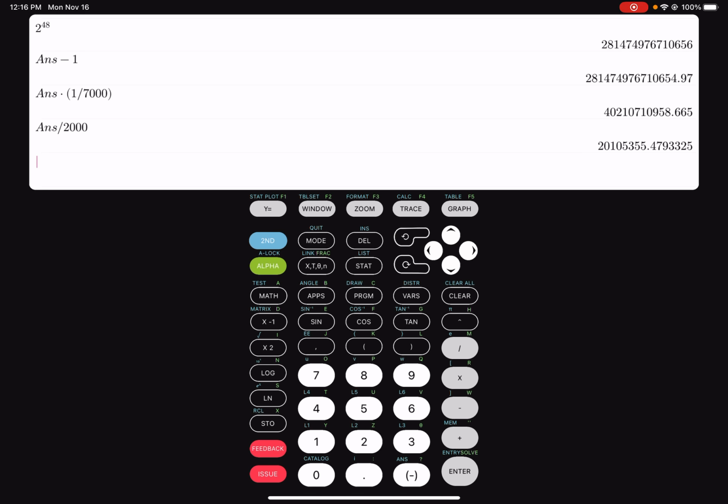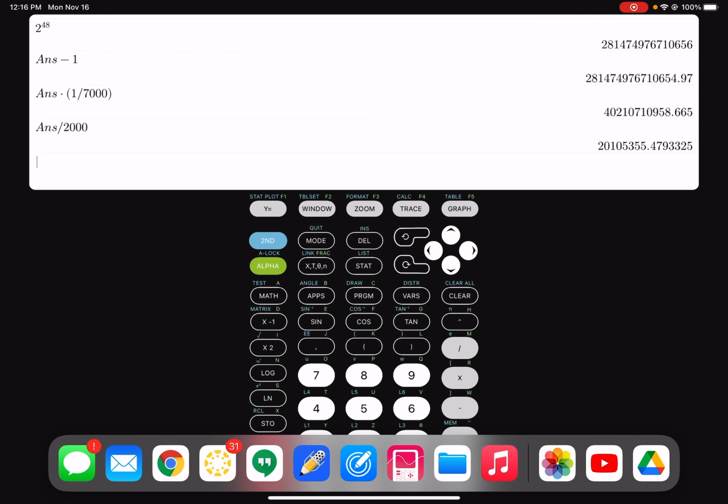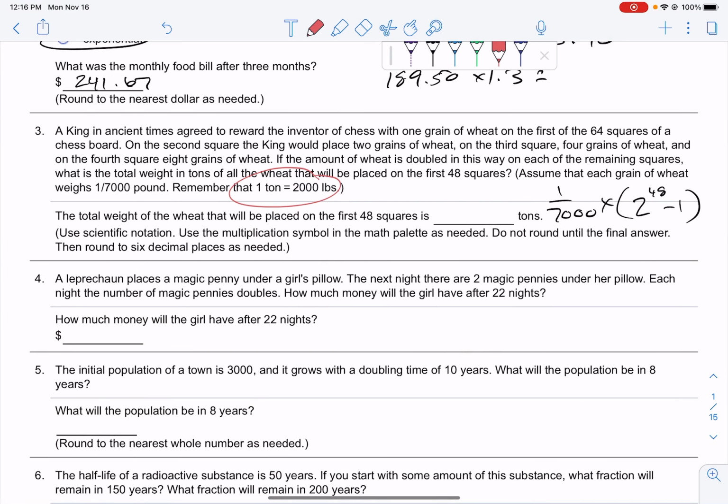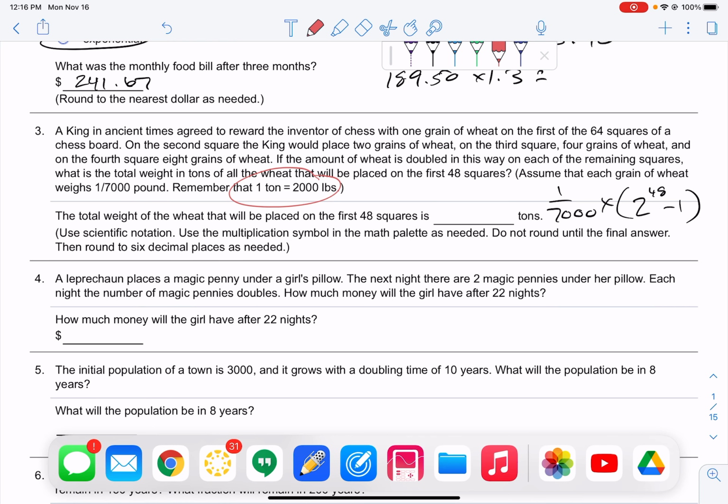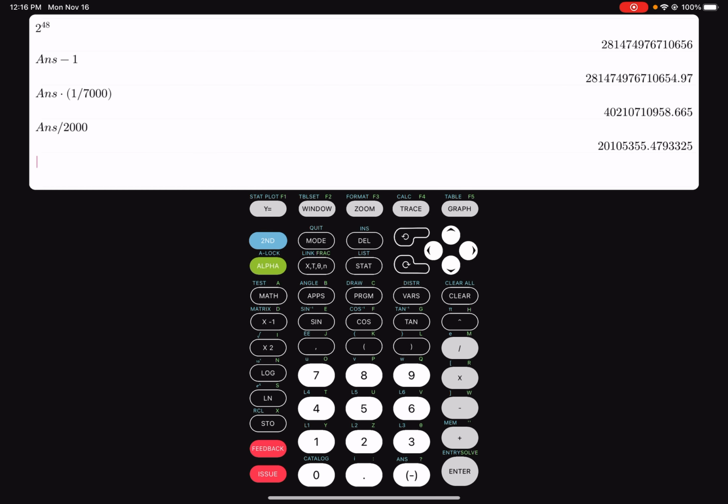So 20105,355. Wow. And how does it want this rounded? Use scientific notation, round 6 decimal places. So 2.010536.